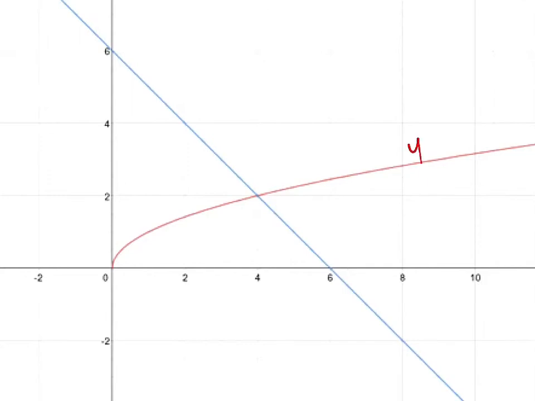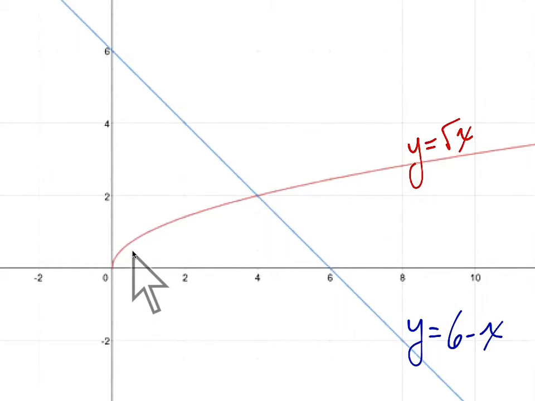Here is y equals the square root of x, and here is y equals 6 minus x. And the area that we are interested in is this area in here. We're going to rotate it around the x-axis.